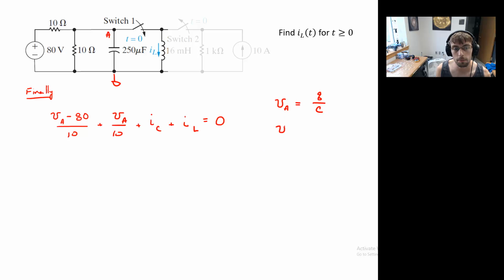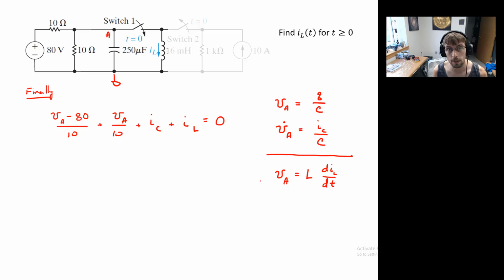And taking a time derivative, assuming that I am charging the capacitor plate, I get something like I C over C. Similarly, for the inductor, the node potential is going to be equal to the inductor value times the changing current flowing through the inductor.